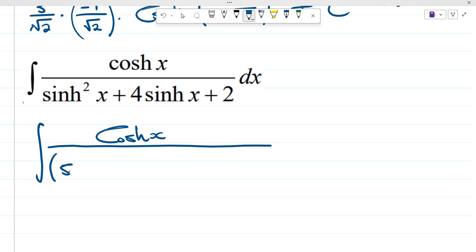So that's going to be hyperbolic sine of x. And then for you to get the next term, you say the middle term divided by 2 times what you have here. So that's going to be 4 hyperbolic sine of x divided by 2.